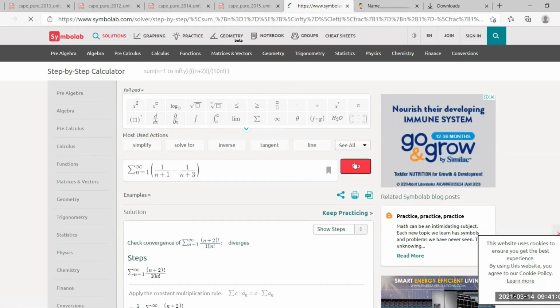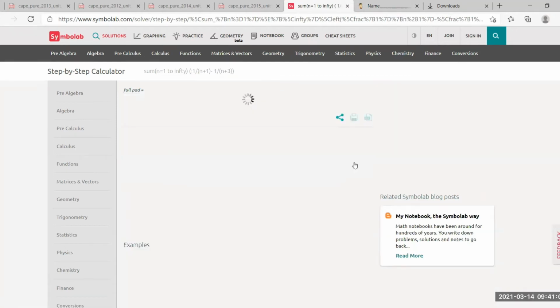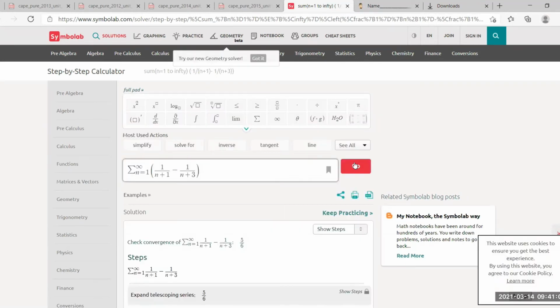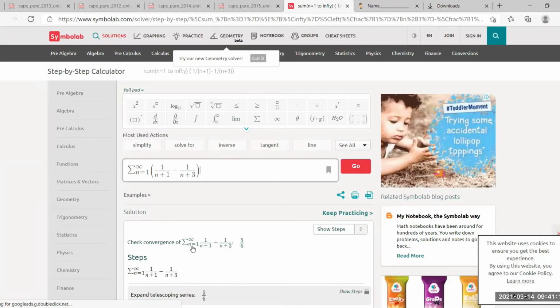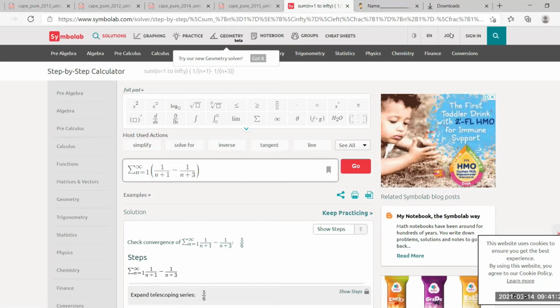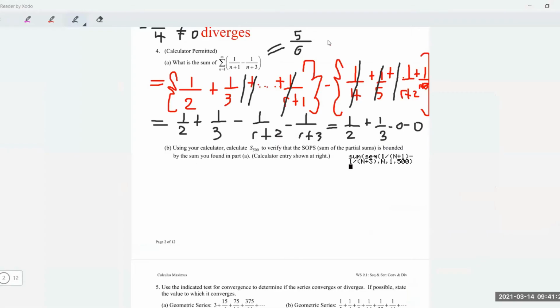Evaluate this. There it is, 5 over 6, just like what we get. Yes, it converges to 5 over 6, and we said that is what the sum is. So that's 5 over 6 for true.